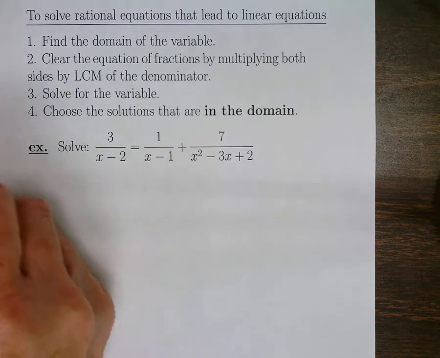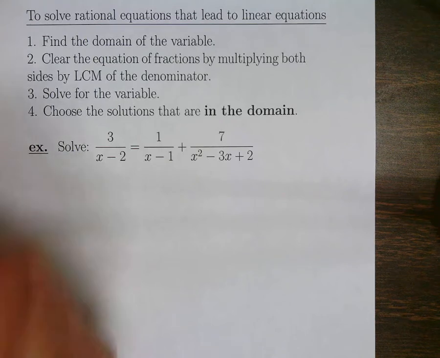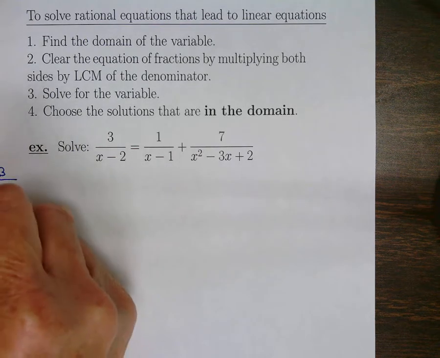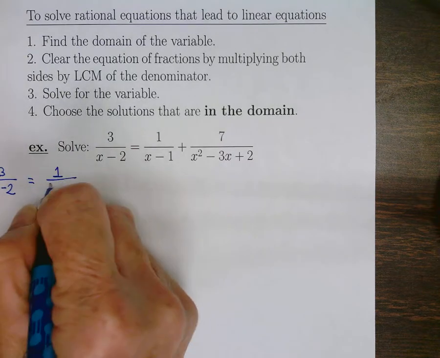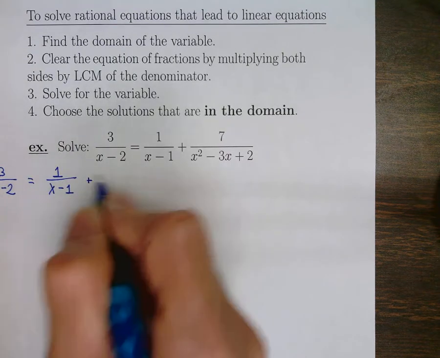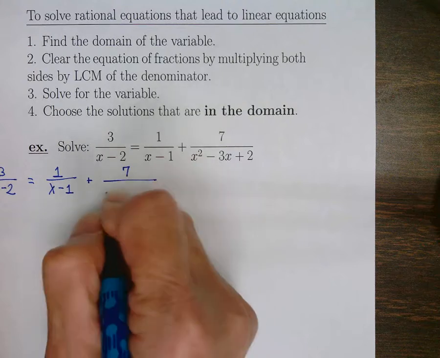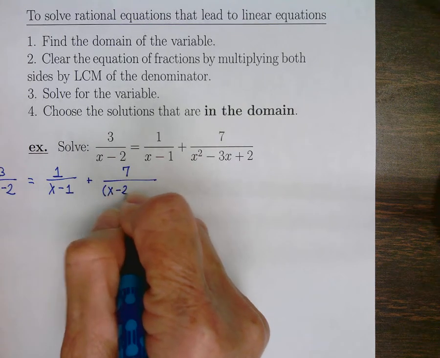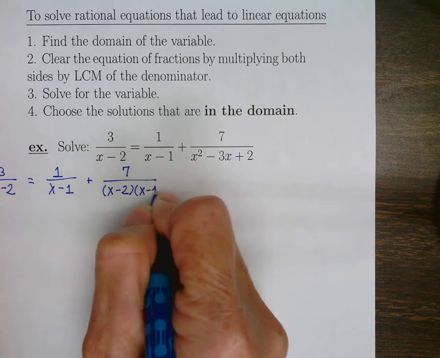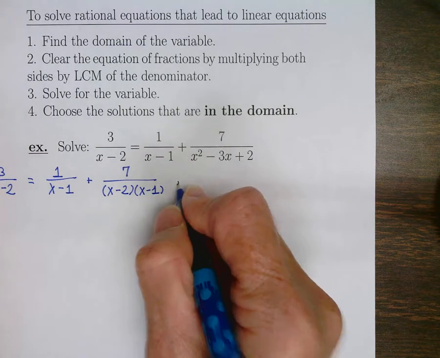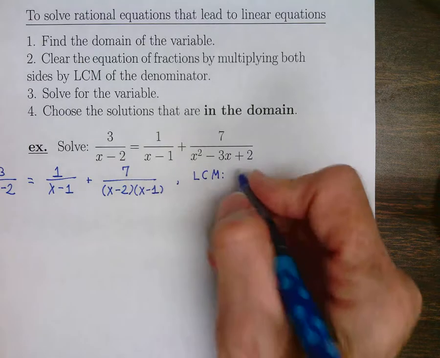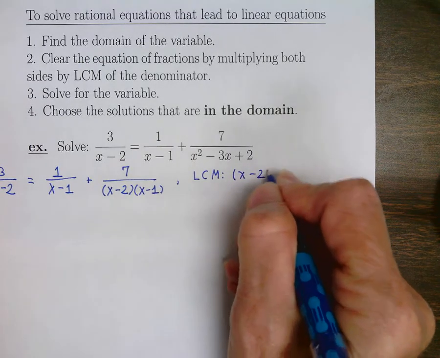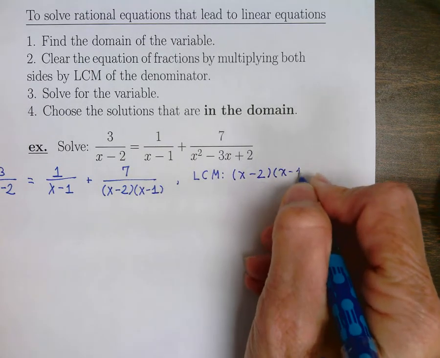First of all, I'm going to begin by factoring each denominator. And once it's in factored form, I can see that the least common multiple of all three denominators is x minus 2 times x minus 1.